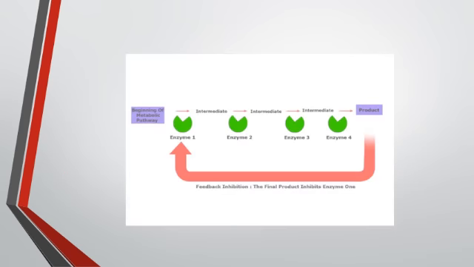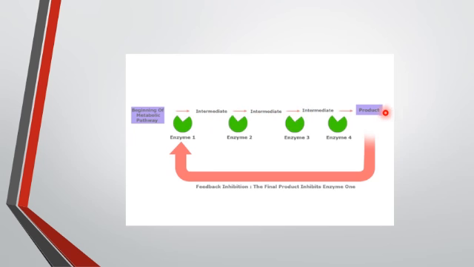As you can see, our reaction is going on. With the help of the first enzyme you get an intermediate product, then another intermediate. Suppose this is your glucose 6-phosphate. This glucose 6-phosphate is going to inhibit the action of your first enzyme so that the further reaction is inhibited.